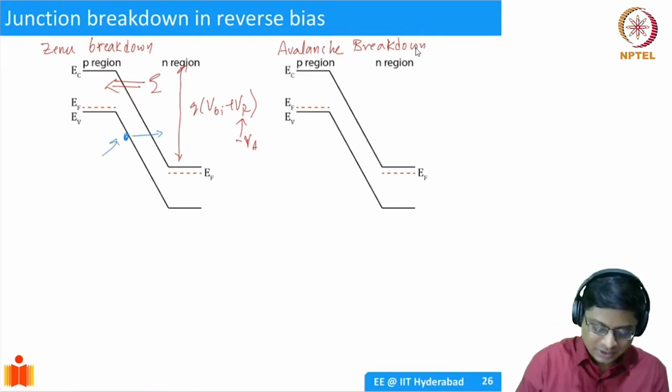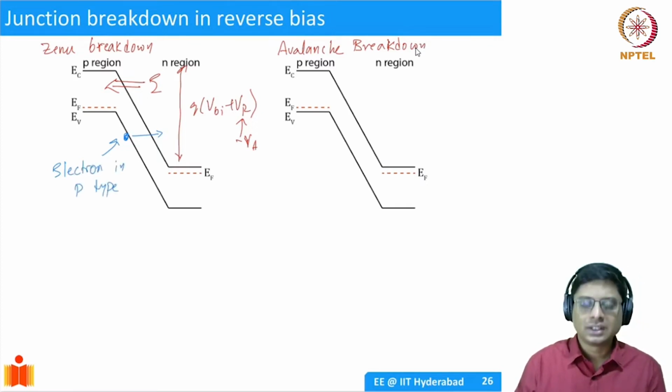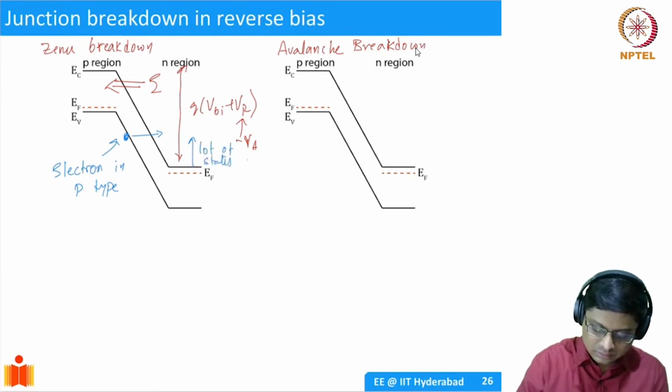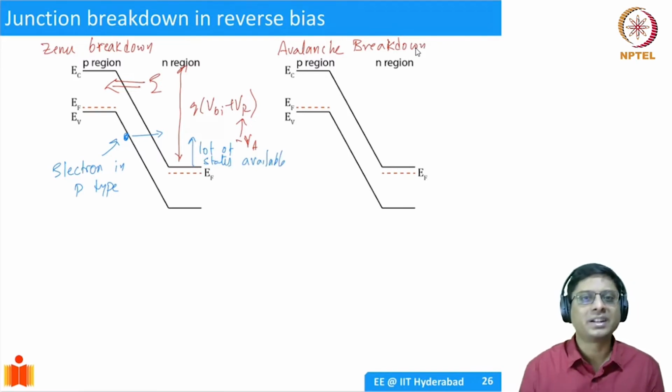So this is basically an electron in the p-type semiconductor. And here you see, as we have studied, as you go deeper, a lot of states are available. Right? It's all empty. You have a lot of states in the conduction band available.